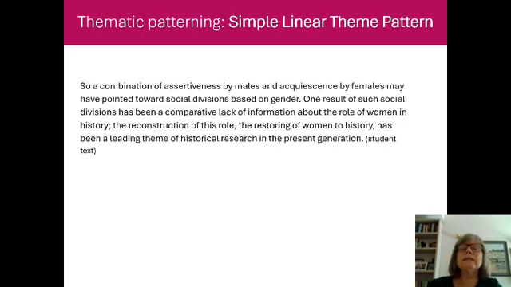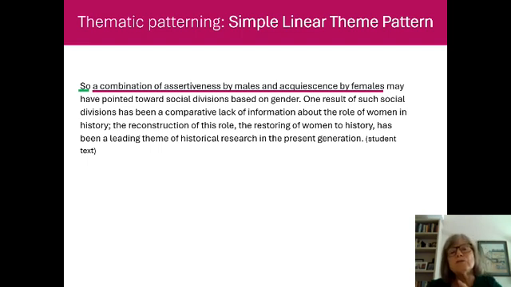There's also a simple linear theme pattern. What does that mean? Here we have a textual theme followed by a combination of assertiveness by males and acquiescence by females, right? May have pointed toward social divisions based on gender. One result of such social divisions has been a comparative lack of information about the role of women in history.